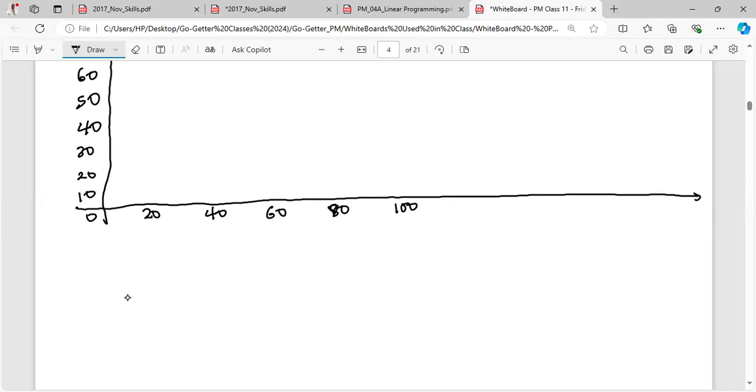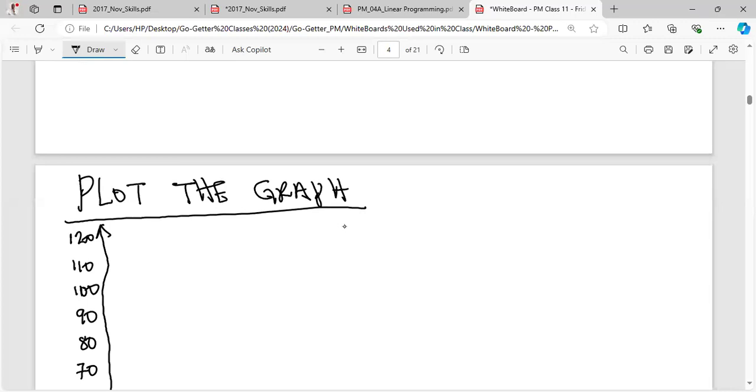I'm looking for trouble now. 120, 140, 160, 180. So this is my x. And the trouble I was looking for, I didn't see it. This is my y.